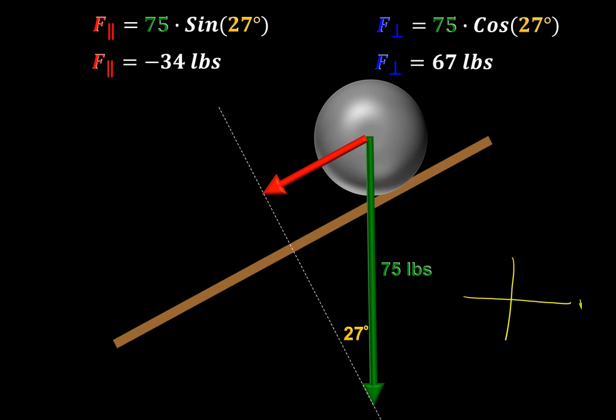X is horizontal, Y is vertical. We're going to rotate it slightly. We're going to rotate it so our X goes with the motion. So now this is our X, and this is our Y.